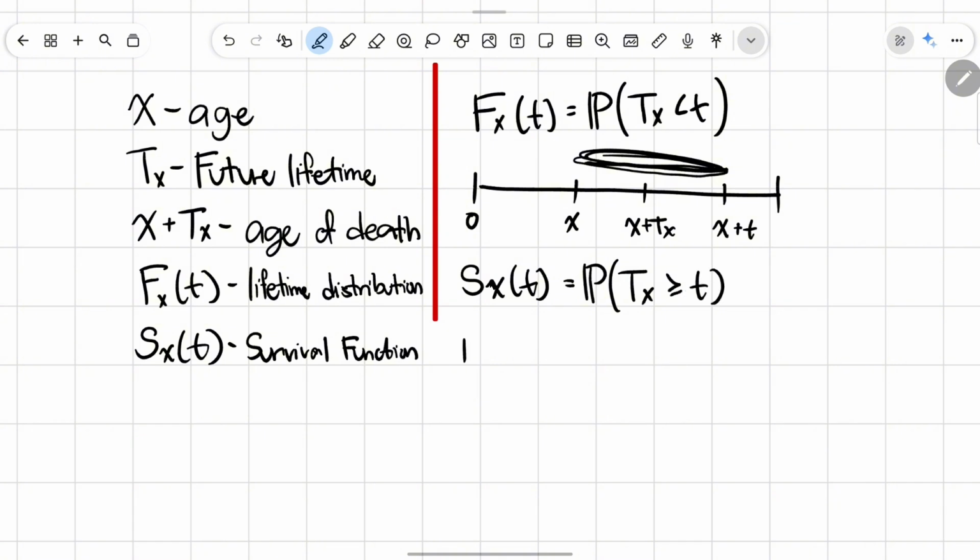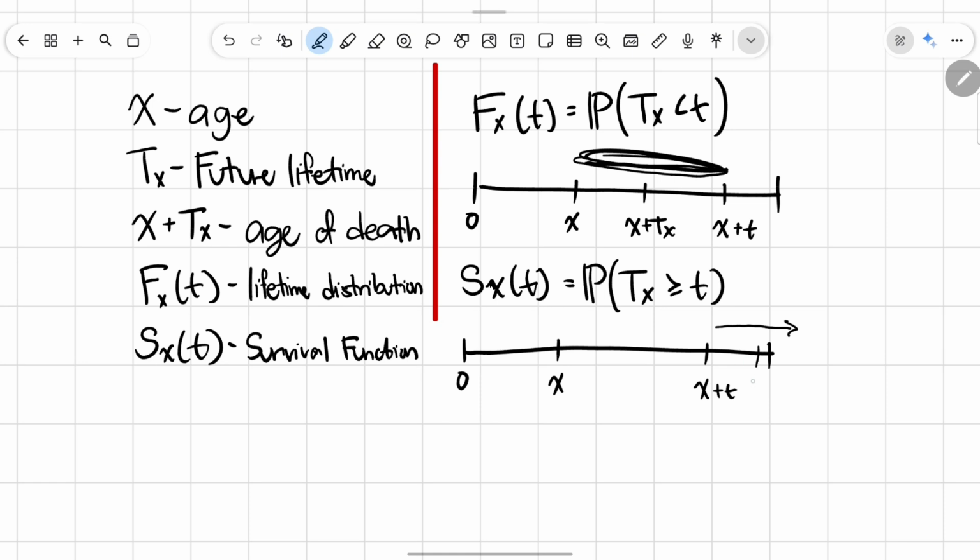When we write it on a timetable, this is 0, this is the person's current age, this is the person at age x plus t. We want his future lifetime to be greater than t, so the person should live beyond x plus t.